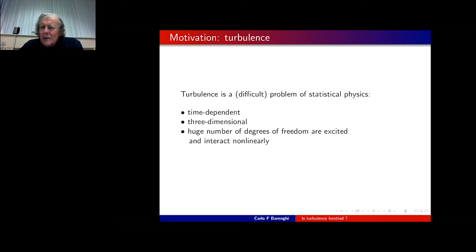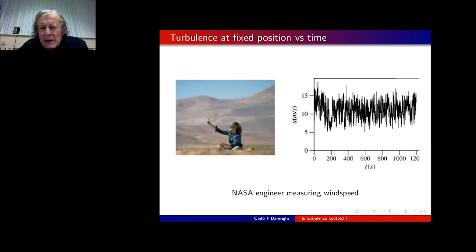We can also look at turbulence by holding time fixed and looking at the space complexity. This photograph shows a pyroclastic flow coming down from a volcano during an eruption. The size of this picture is perhaps on the scale of a kilometer. So you see this big cloud and this broccoli shape of the dust and all this very hot pyroclastic flow. This rounded broccoli shape is because there are vortices or eddies.